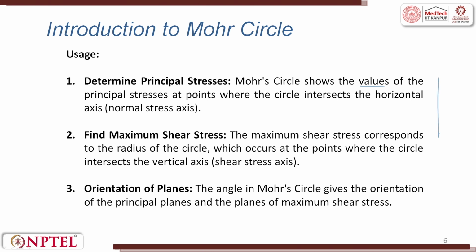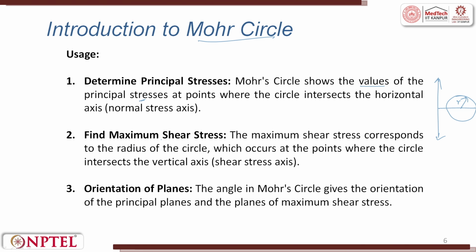So, basically what we will do is we will have a vertical axis, a horizontal axis, and since it is a circle, you will draw a circle. Now, when you draw a circle, you will have to know the radius. So, all these things will come from the relationship between principal stress and shear stress.